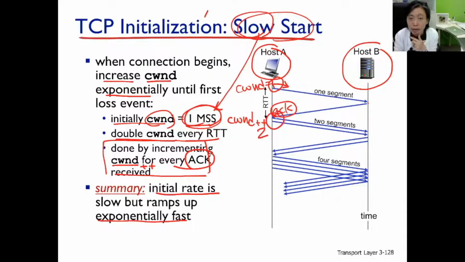Therefore, the sender can send 2 segments. These will go and generate 2 ACKs coming back. The sender receiving 2 ACKs will call this line twice, therefore 2 becomes 4. Similarly, 4 ACKs come back, this will be called 4 times, therefore the window size becomes 8. And the next round, 16. You see an exponential increase here, by a factor of 2, isn't it?